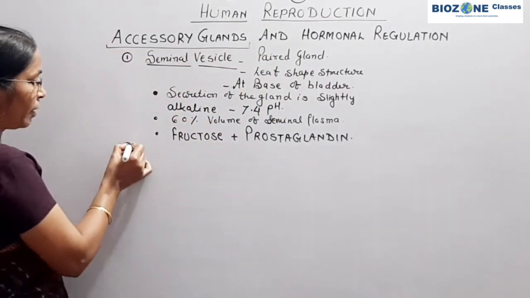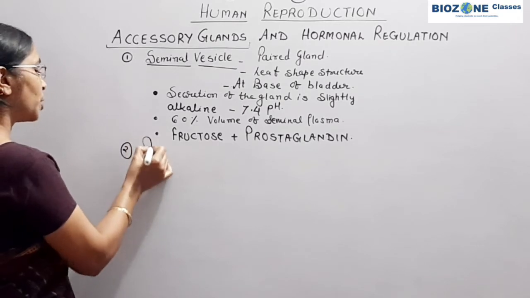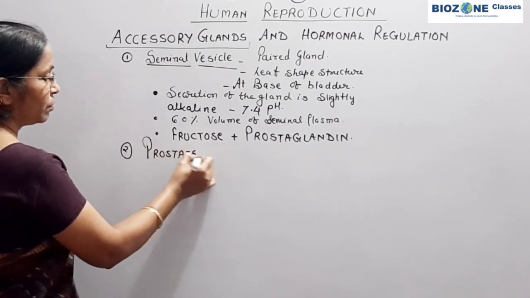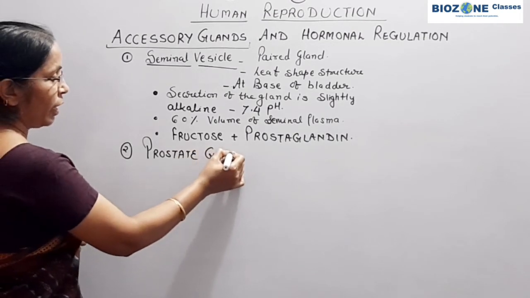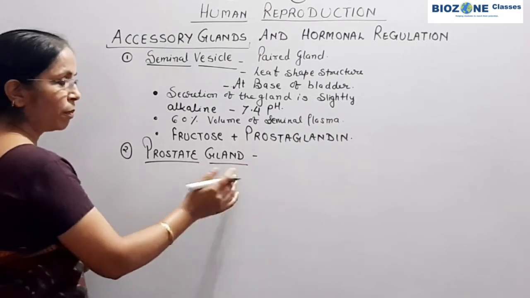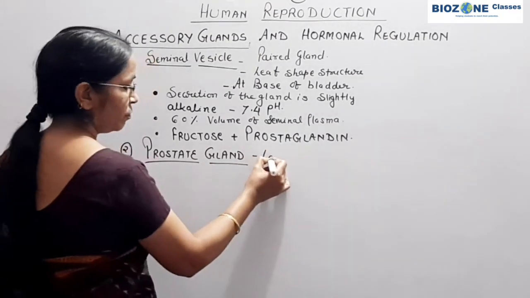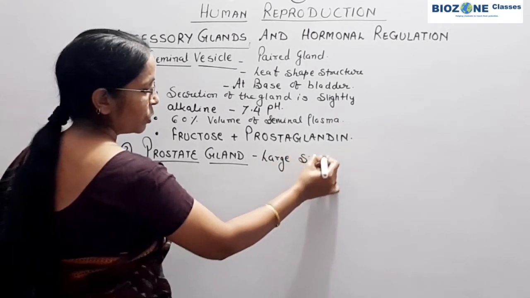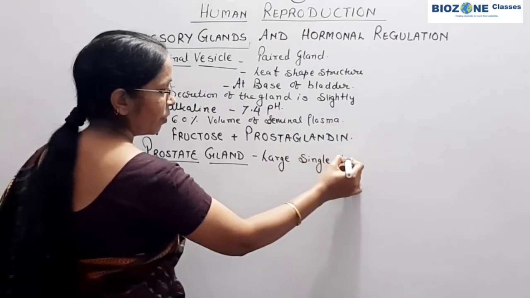The second gland is called the prostate gland, and in terms of number you remember, this is a large single gland.